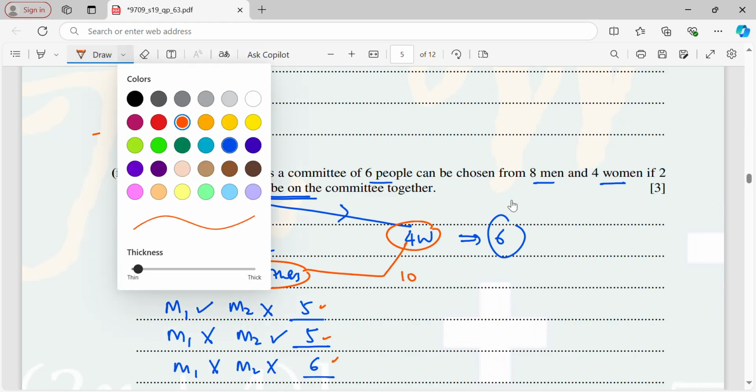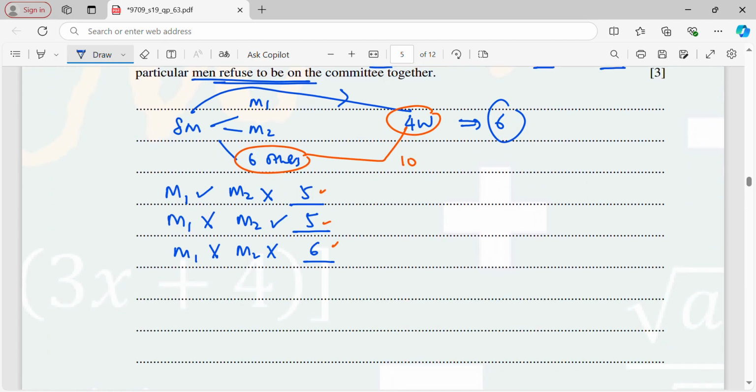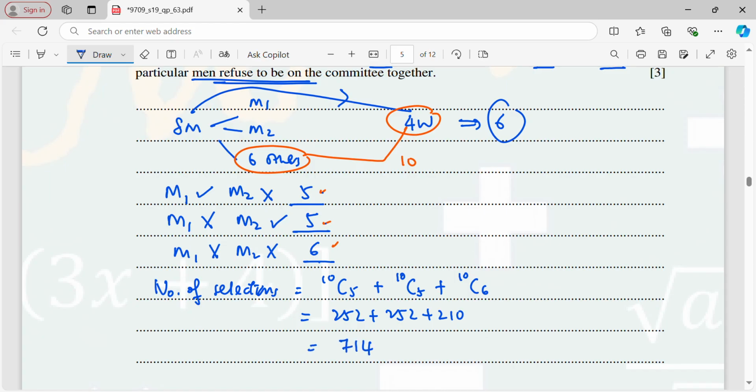So then my number of ways, or number of selections: since I have to choose 5, it will be 10C5. And the second one, I have to choose 5 from the 10, so again 10C5. And lastly, I have to choose 6 from the 10, so 10C6. Therefore, you will be getting 252 plus 252 plus 210. So at last, that will be 714 ways to choose the committee.